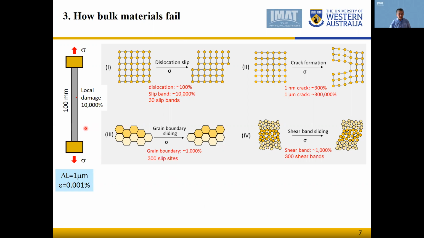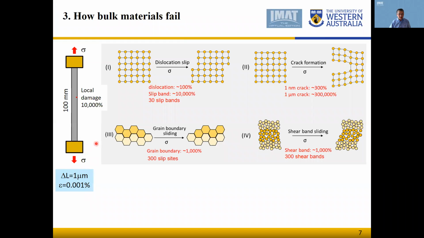I give you on the left-hand side here a sample, let's say 100 millimeter in length. We apply a load and stretch the material by only 1 micron elongation, which corresponds to 0.001% of global strain, which is minimal, nothing.